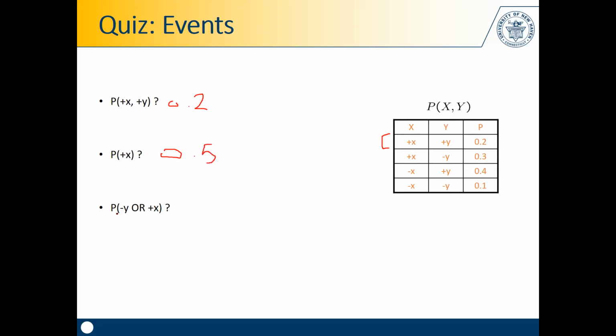What about the probability of the outcome being negative Y or positive X? So what's the probability of the outcome being negative Y? Where do we find negative Y? In these two rows. Satvika, would you like to give us the answer? It's 0.4. How did you come up with this answer?